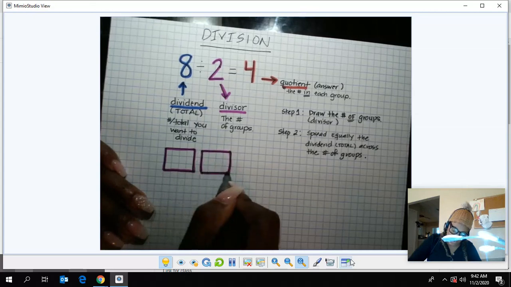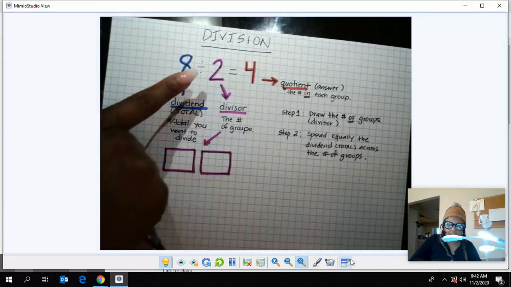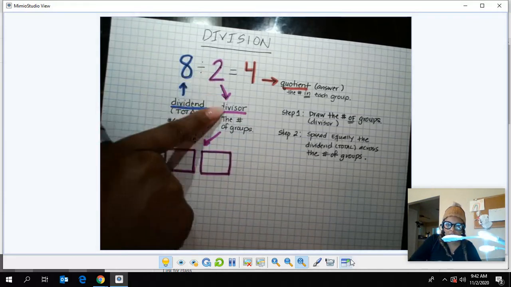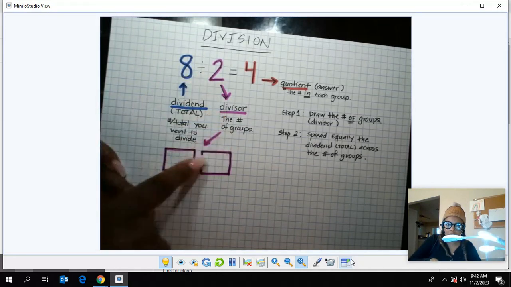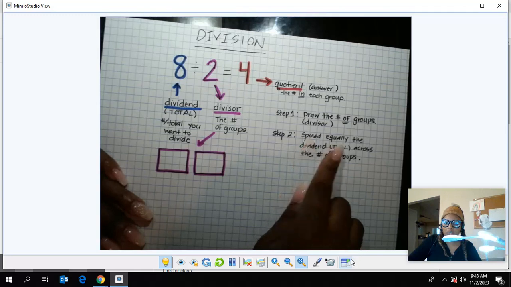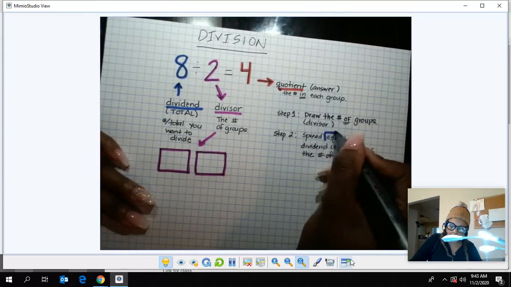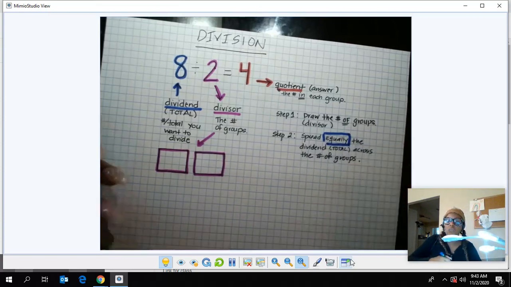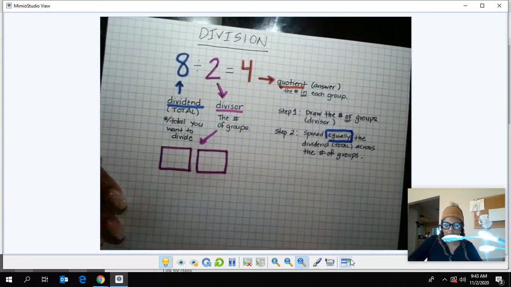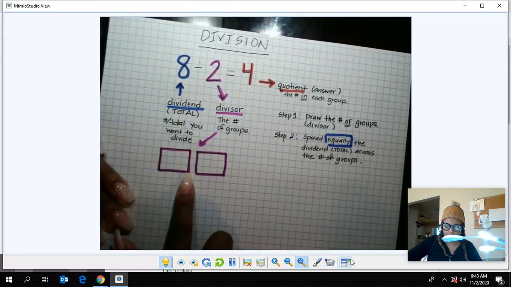I'm even going to draw an arrow here so that we can see my divisor in the equation comes here, the number of groups, 1, 2. Step 2, spread equally, underline equally, or put it in a box. I'm going to put it in a box. Equally the dividend across the number of groups.